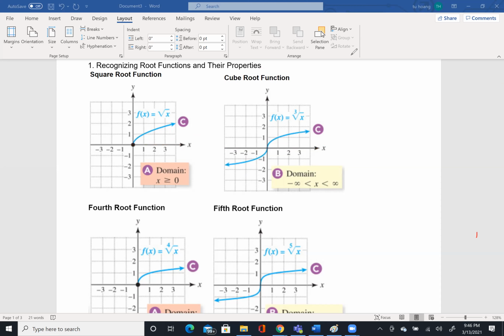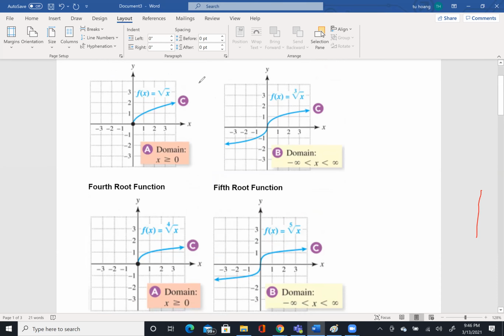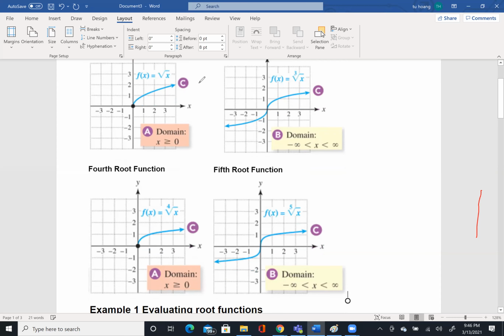So let's move to the next. The next picture over here is the fourth root function. So you can see and compare the fourth root and the square root. It looks like, you know, just coming from 0 to positive infinity.